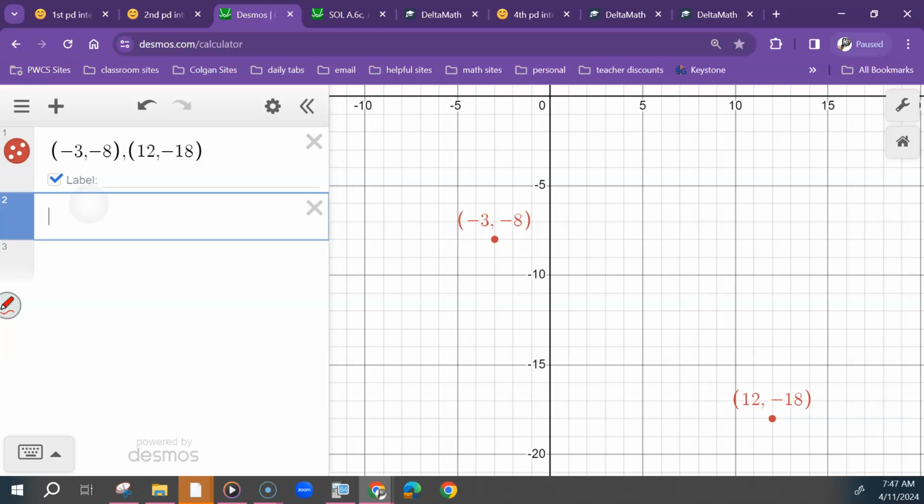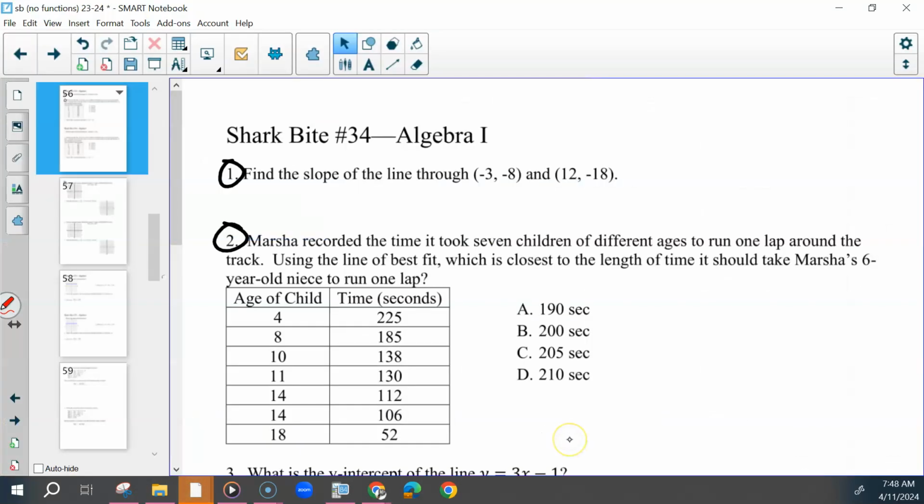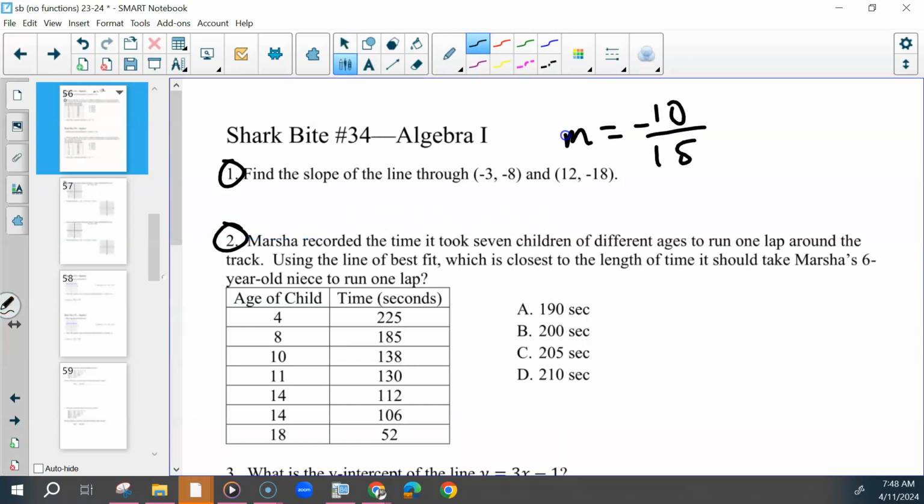So that slope would be, which would reduce to negative 2. So if you did it by hand, that's fine. If you count it by Desmos, make sure you're saying that you did it in Desmos. Questions on that one?